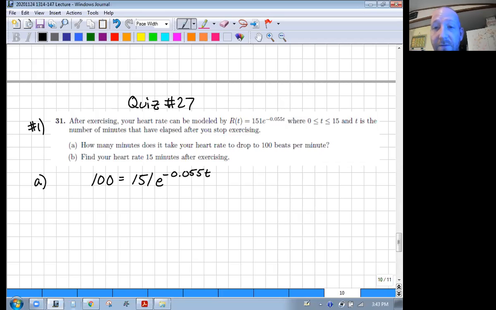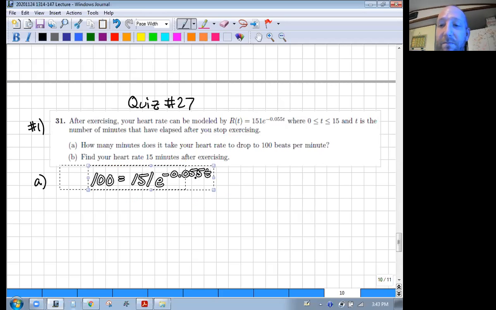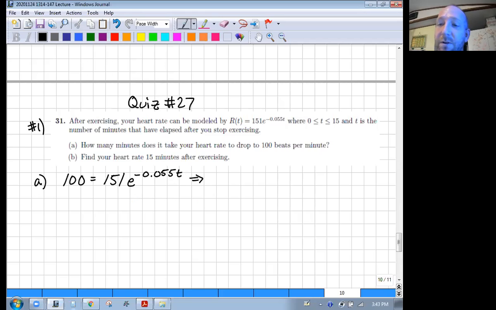So let's see. If we're going to solve for T here, we can divide both sides by 151. So we have 100 over 151 equals e to the negative 0.055t. Okay, so from there, to get the t out of the exponent, we need to take the natural log of both sides.